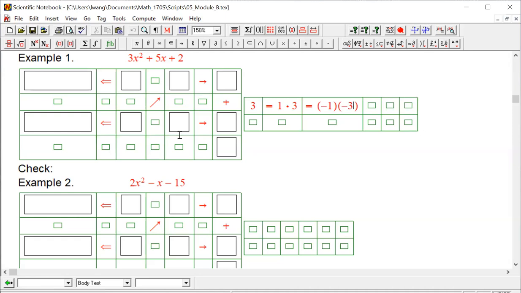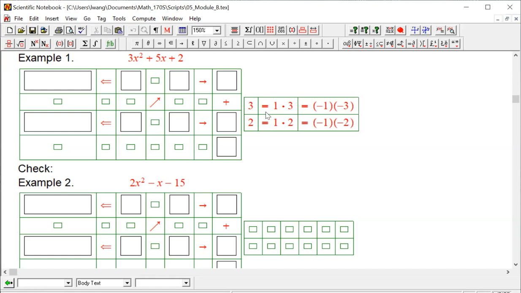And you can also switch orders. The constant term, +2, equals 1 times 2. Of course, it could also equal -1 times -2, in different order. But that's about all the options we have for this particular question.